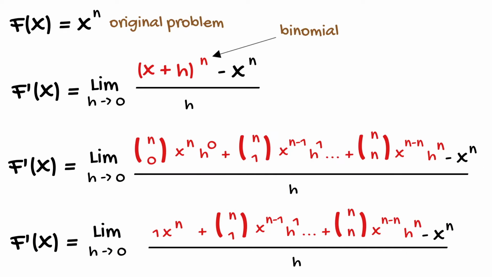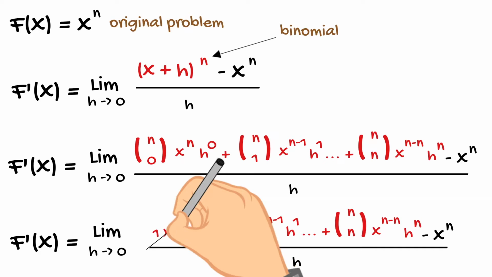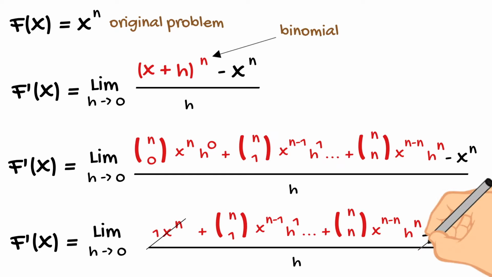So once we have our expanded binomial, we can look to simplify. So we have an x to the n at the front of our binomial, and we also subtract an x to the n at the end of our entire term, so we can cancel those two out. Now we can look at all of our terms, and every single term has an h in it.